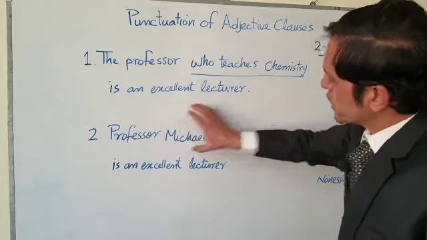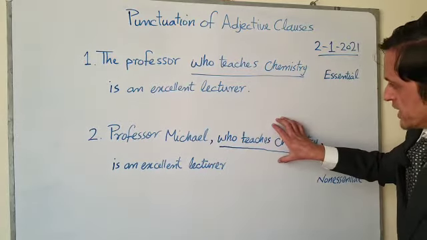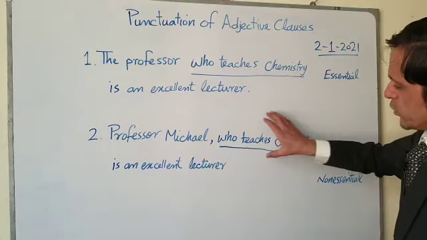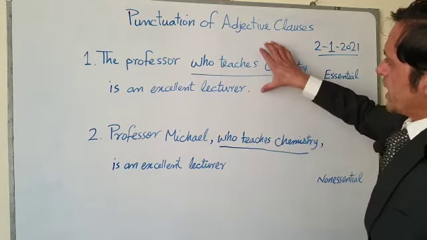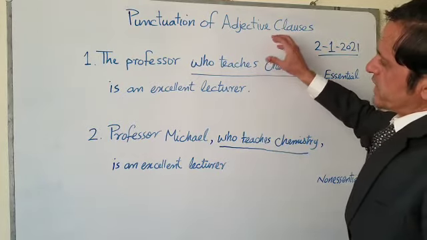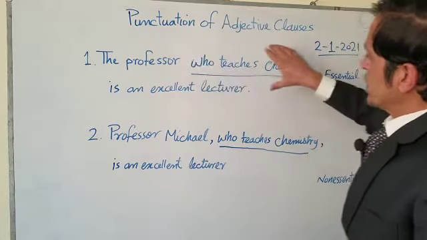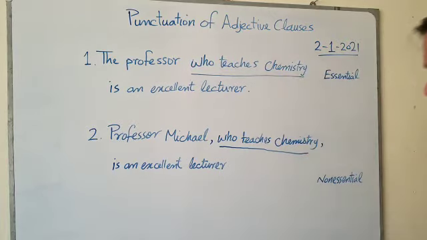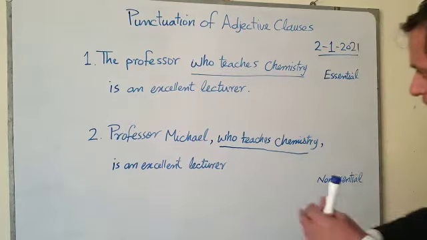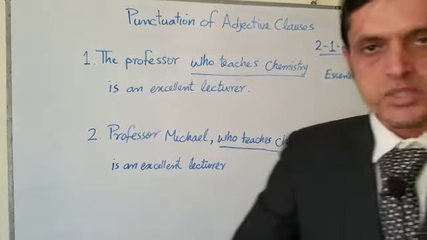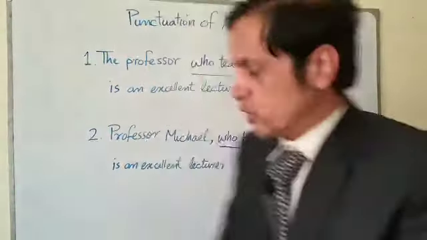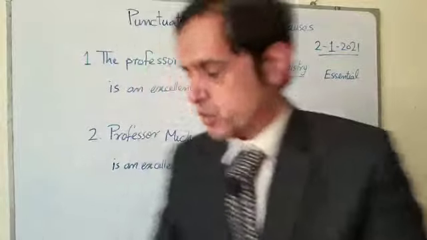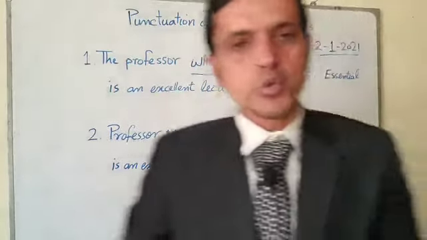So where more information is given by an adjective clause, that is called non-essential, and here we need commas, while when an adjective clause identifies a noun, we do not need to put commas. These were very important. If you read them again and again and use them in practical life, you will understand the difference.